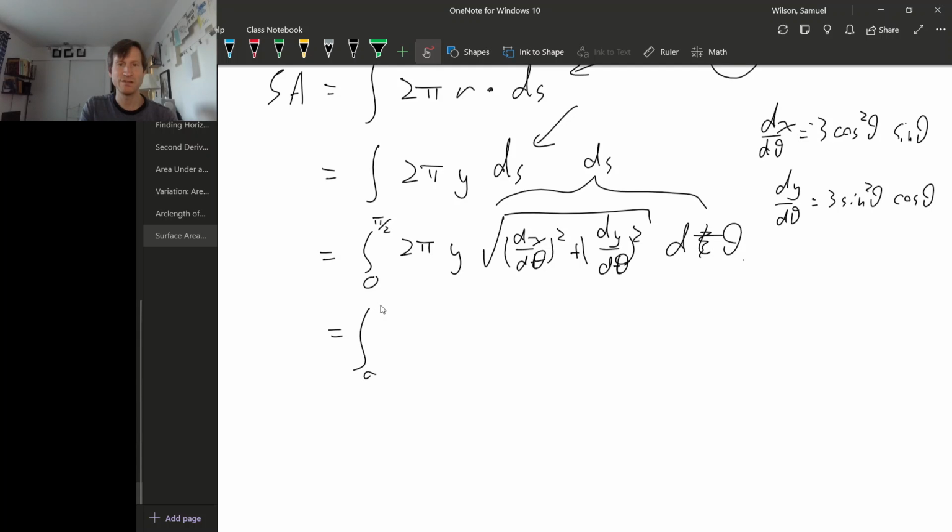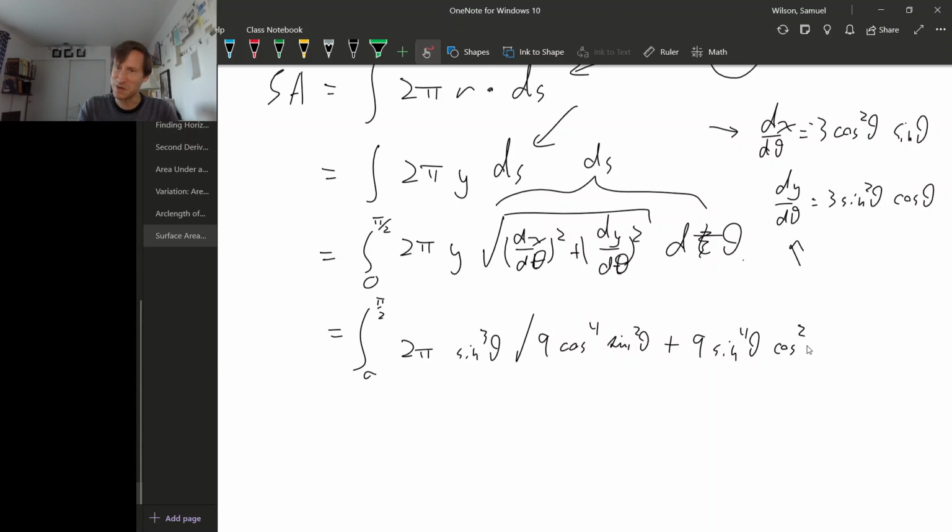So integral from 0 to pi over 2 of 2 pi times y, but y was sine cubed theta, times the square root of, so now we need to square dx/d theta, so that's going to give us 9 cosine to the 4th sine squared theta, plus dy/d theta squared, so that's 9 sine to the 4th theta cosine squared theta, d theta.